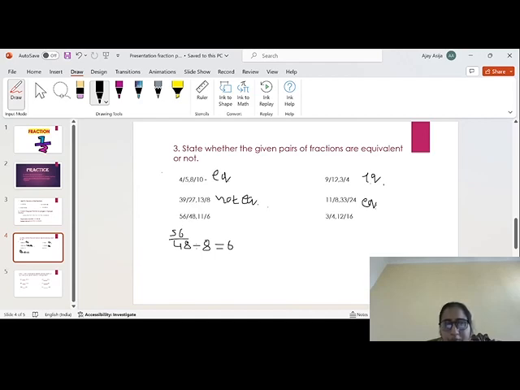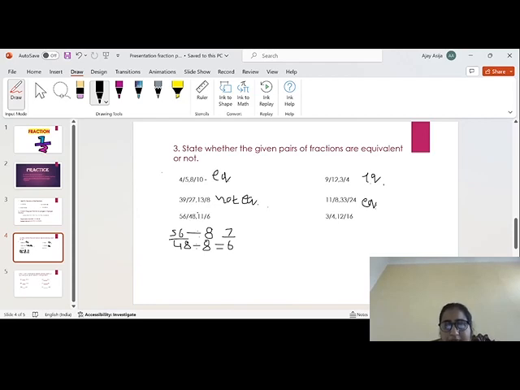So if we do not find any integer for the numerator, we can check it with the denominator. We will do the same operation with the numerator. We divide 56 by 8 and we find 7 here. So 56 by 48 is equivalent to 7 by 6.